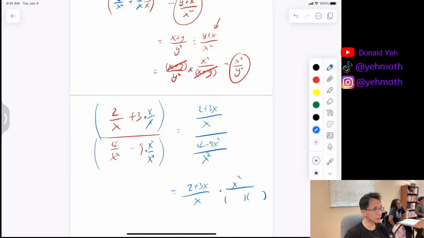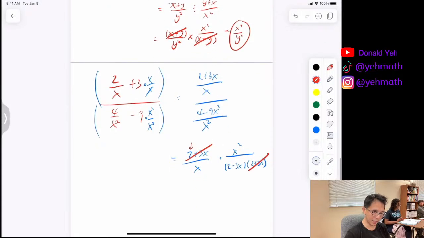You can actually do it this way too. You don't have to take out a -1, but because in this case there's a choice in the front, I can choose to do that. So that's going to cancel out, this is going to cancel out. So it'll be x over 2 minus 3x.